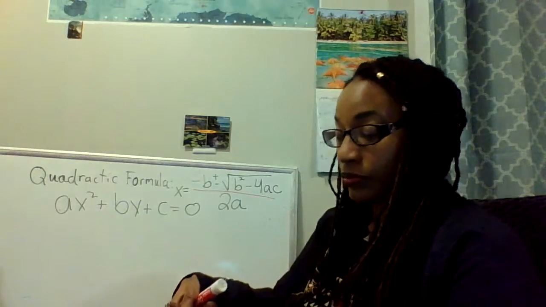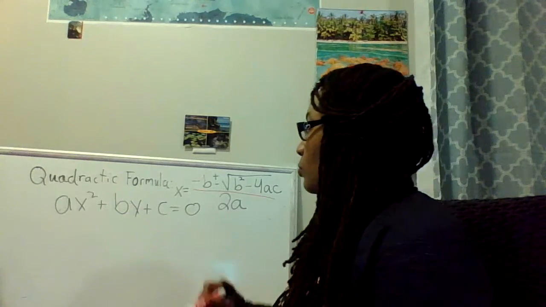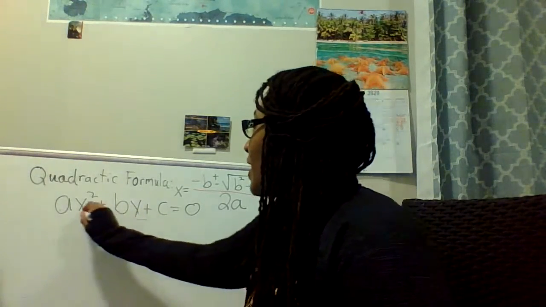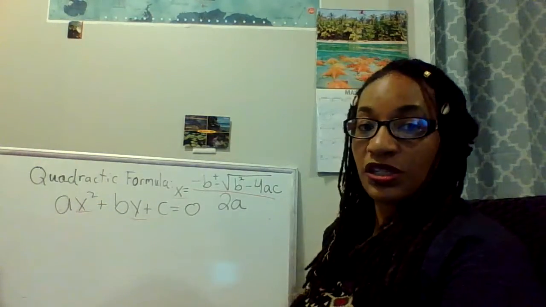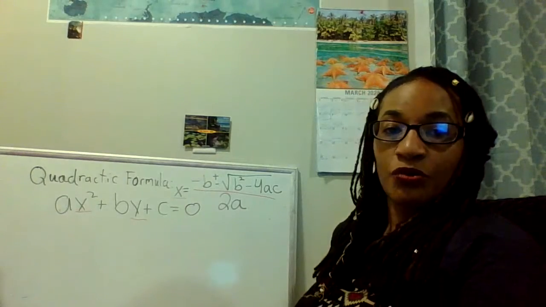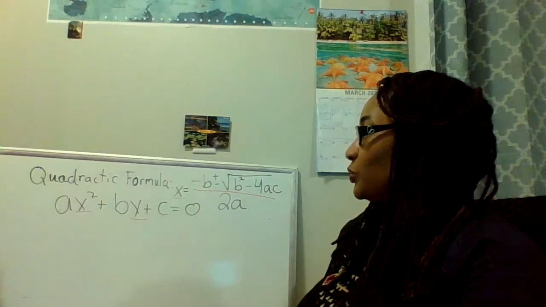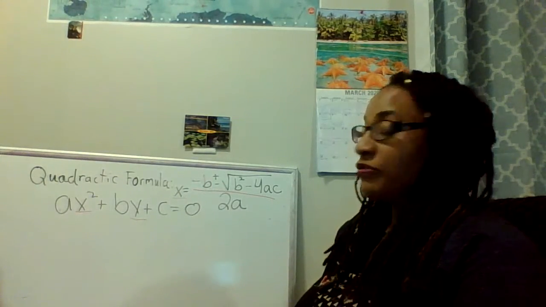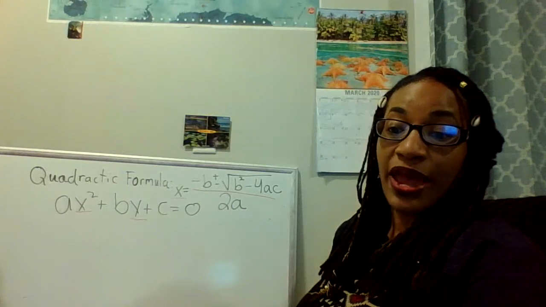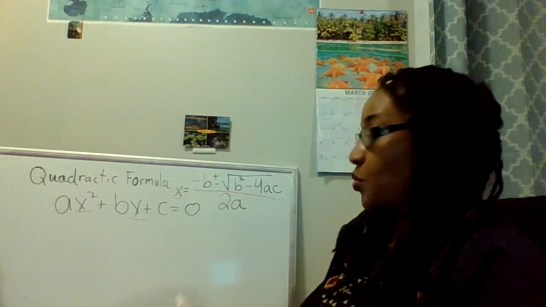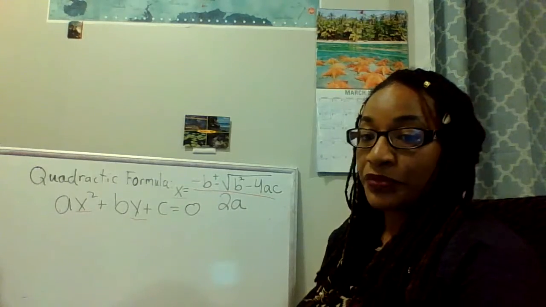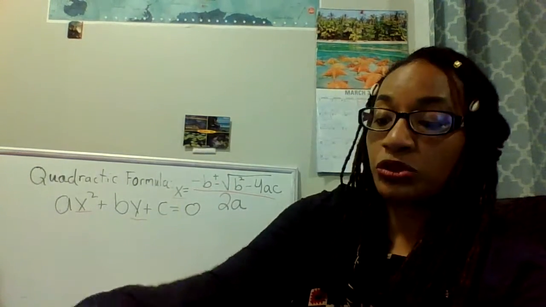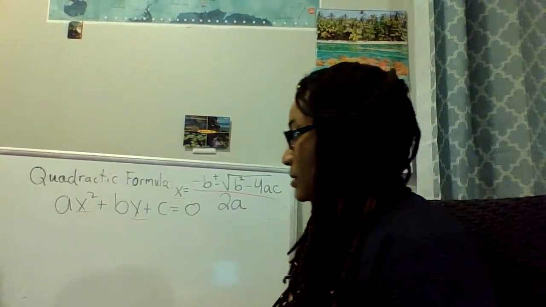So now we are trying to solve for x when we are using this quadratic formula. We were gifted with a formula that we could use to figure out what could be the x values. There's going to be more than one, which is evidenced by this plus or minus. Okay?